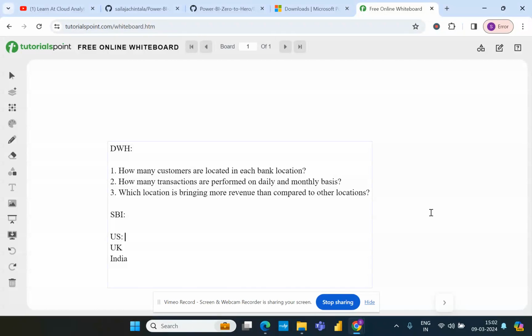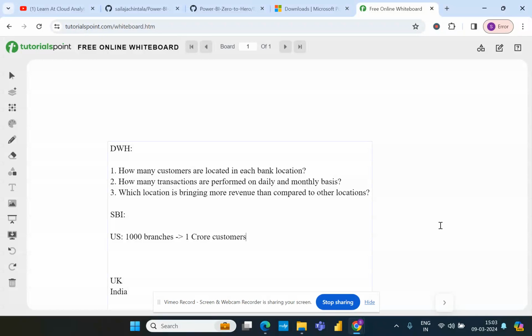But combining everything together, assume that in the US we have around 1,000 branches. And in those 1,000 branches, let's assume that there are in total 1 crore customers spread across all those branches.